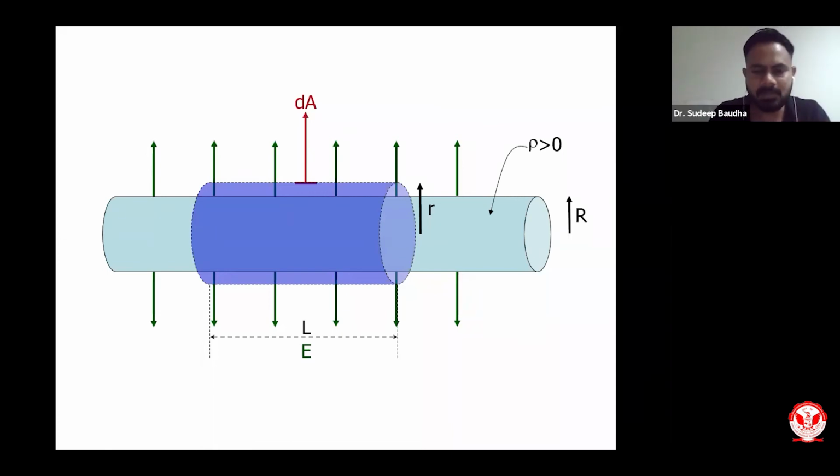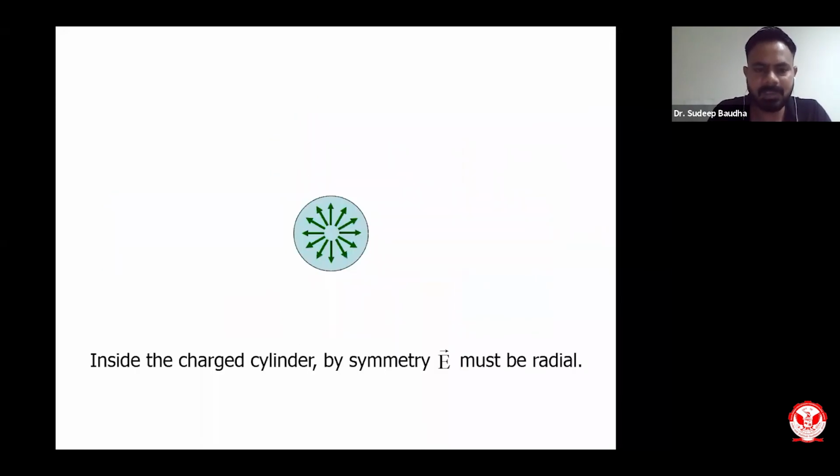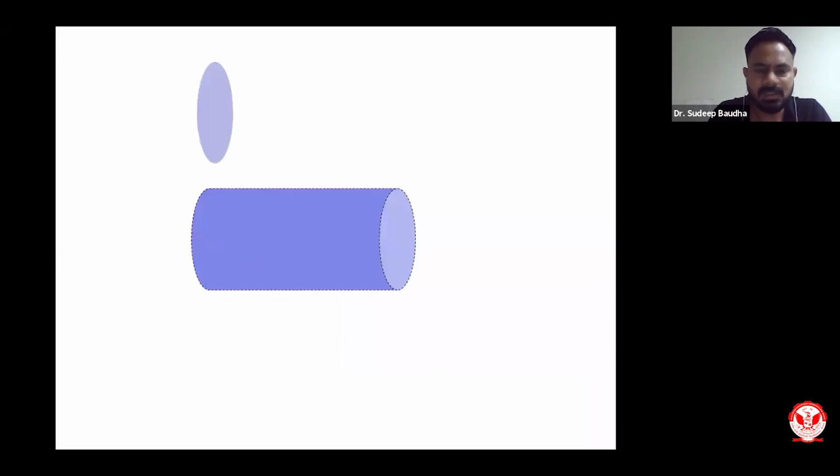So for finding out electric flux, you can simply apply the concept. Inside the cylinder, E must be radial, so that is what it should be. Right. So let us see how to find out electric flux on the cylinder.